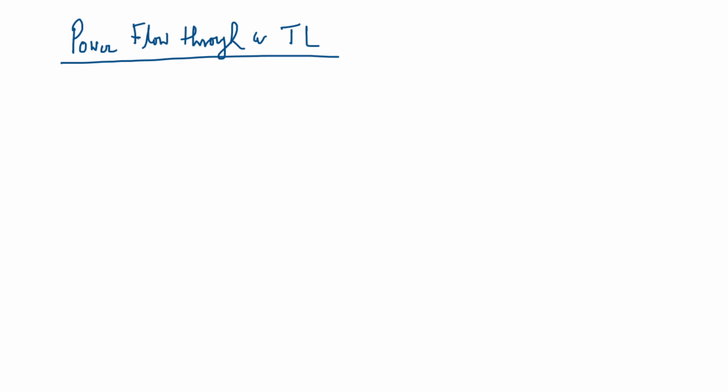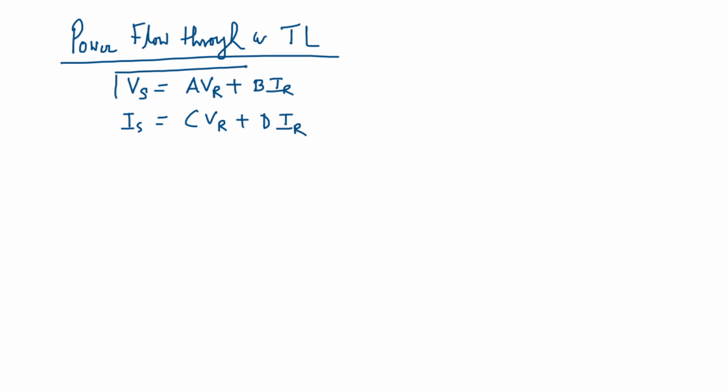We have two equations, Vs is equal to A VR plus B IR, and Is is equal to C VR plus D IR. However, only the first equation will be required to discuss power flow through the transmission line.